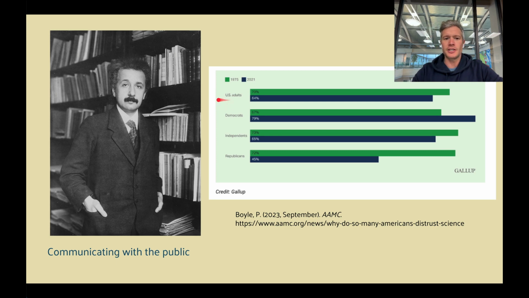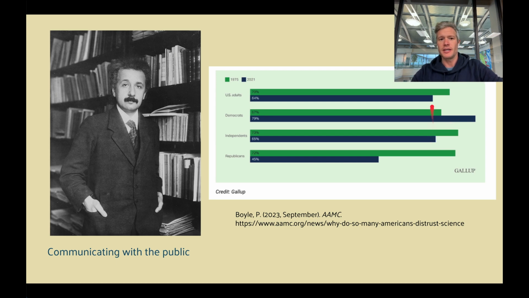So to get into it, overall US adults between 1975 and 2021, we can see there's been a decrease overall in the belief of science and the trust of science. Okay. Now, we kind of shuffle over to Democrats in particular. We see that that growth actually increased over the past few years.